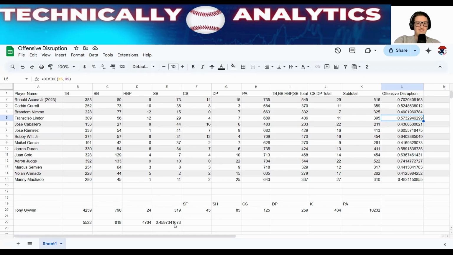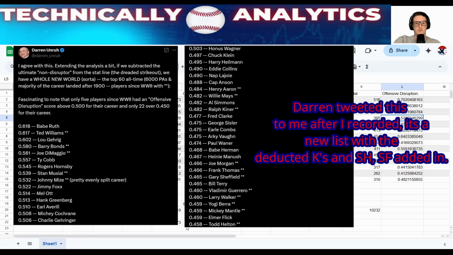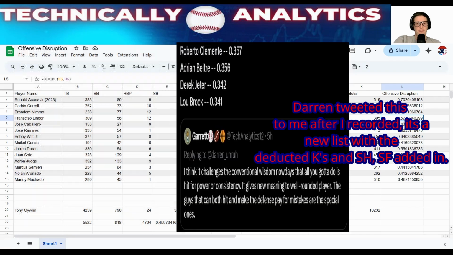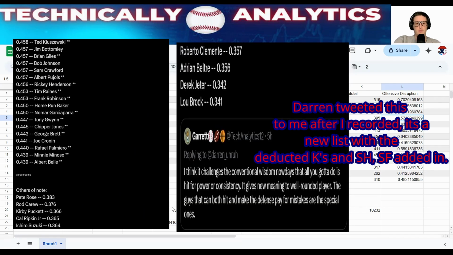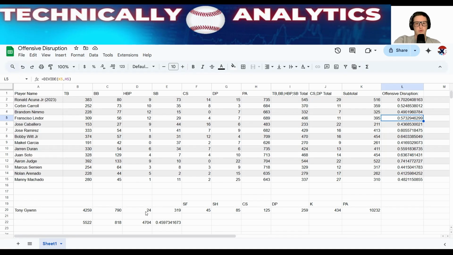So it really didn't help him, but I think in some cases it would help some guys, especially if they have low hit by pitches like Tony Gwynn has, or low walks, because again Tony Gwynn hit 3,000 hits, so he was always going to.